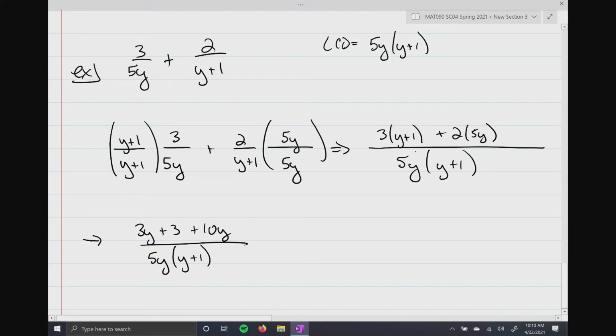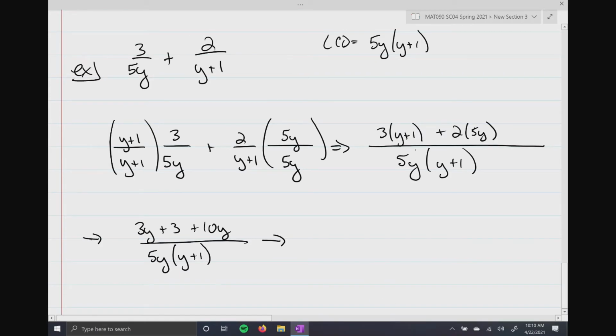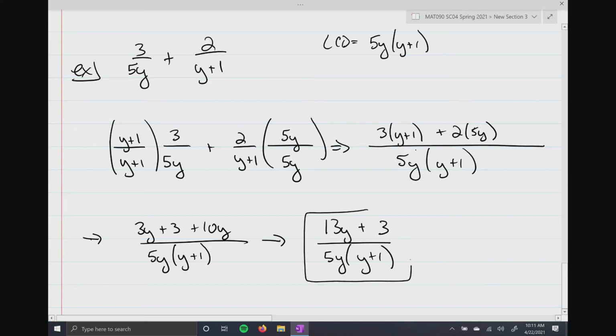So it's always good to leave your denominator completely factored. So upstairs in my numerator, 3 plus 10 is going to be 13y plus 3 all over 5y times the quantity y plus 1. I ask myself, can I factor anything? And the answer to that is no. So that's already simplified.